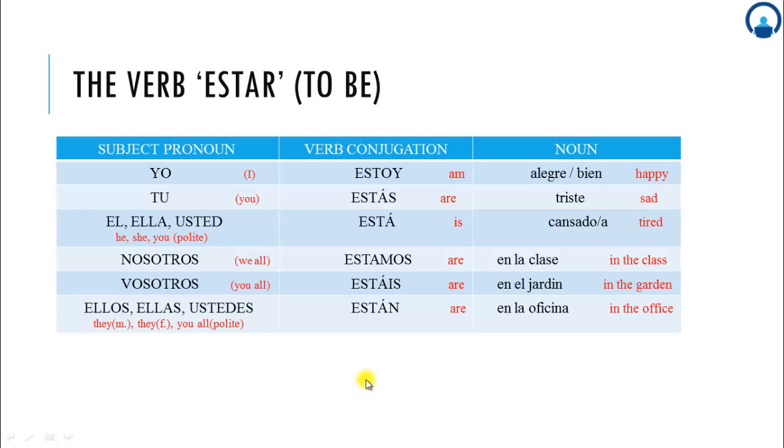Now coming back to the difference between the verb ser and estar, as we have seen earlier, the verb ser is used for the fixed state, and the verb estar is used for the variable state, that is to describe varying conditions such as state of mind, health, etc. And it is also used for situations like placements, or to express the geographical and physical locations.